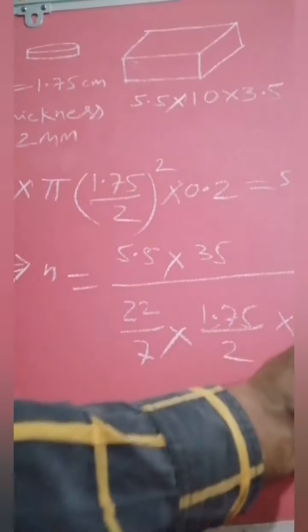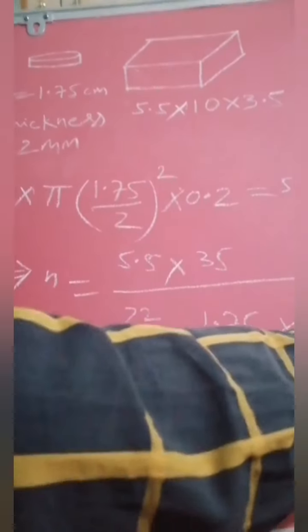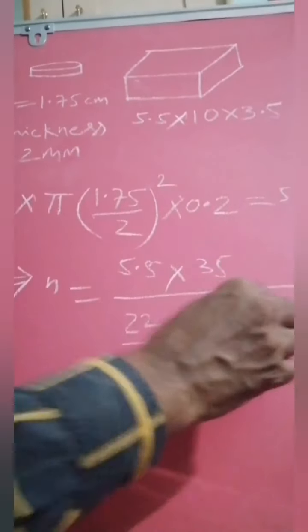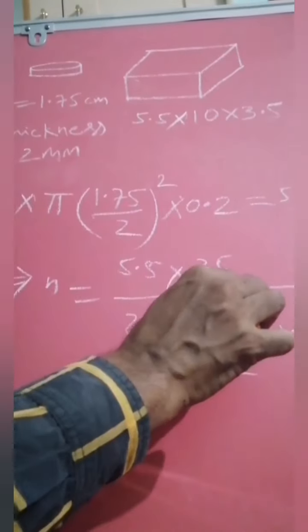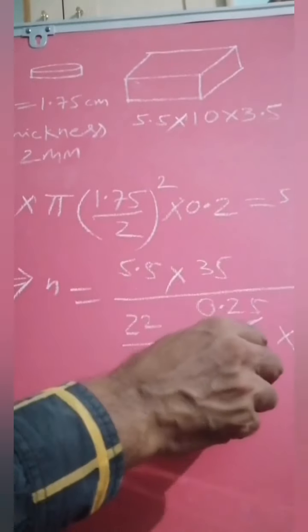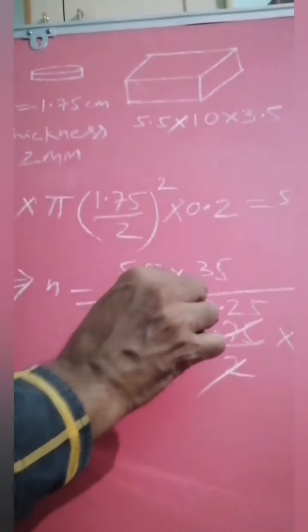So cancel 2 by 0.2, that is 0.1. 7 cancels with 1.75, that is 0.25. 2 cancels with 22, that is 11.